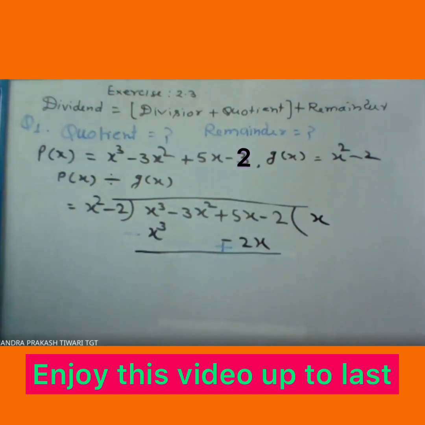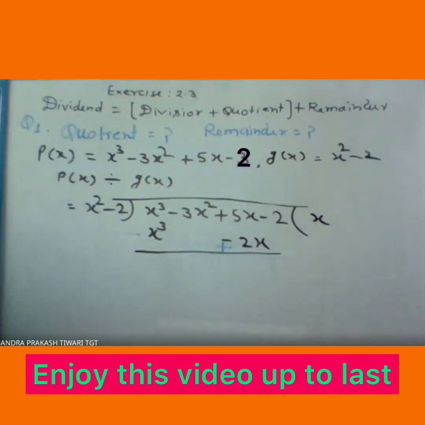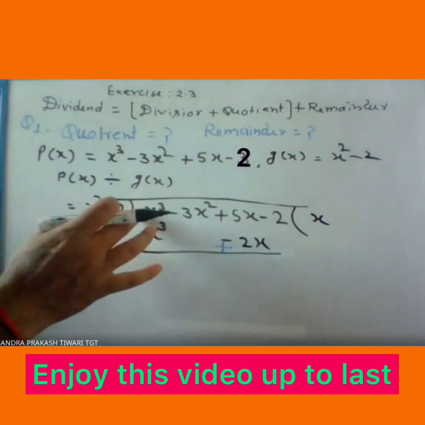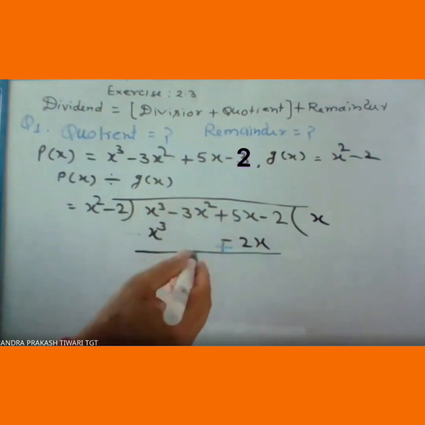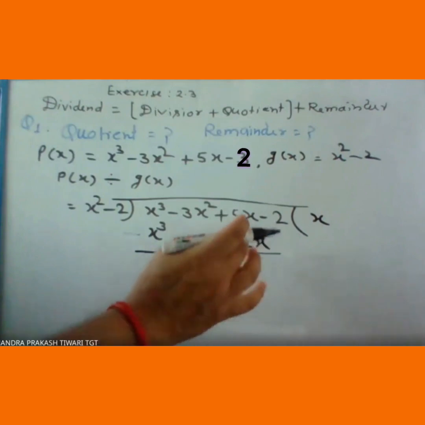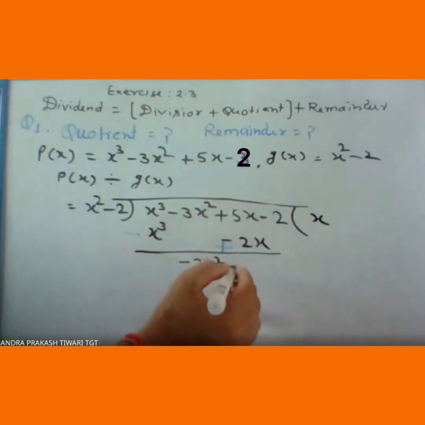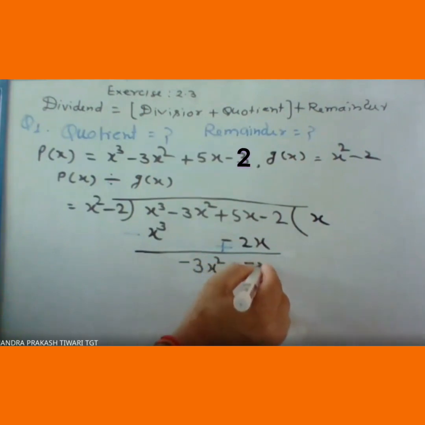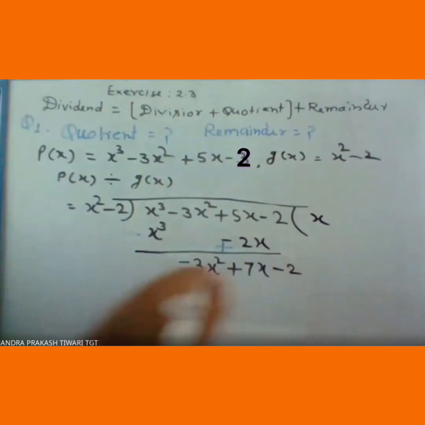After simplifying, x cube and x cube cancel out, because they have the same coefficient and opposite sign. Here is minus 3x square, so you will write the same, minus 3x square, and after that plus 2x and plus 5x, 2 and 5, 7, plus 7x, and after that bring down this minus 3.